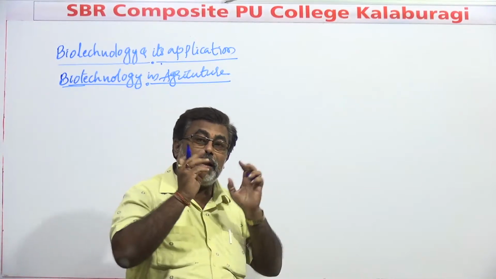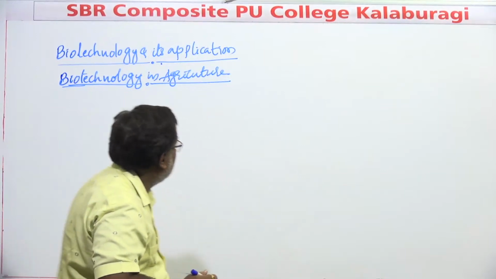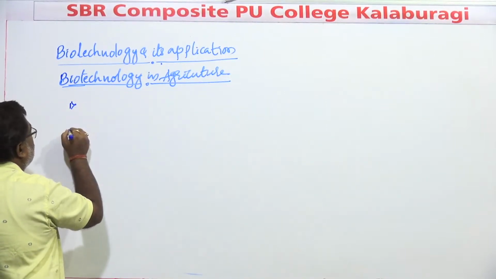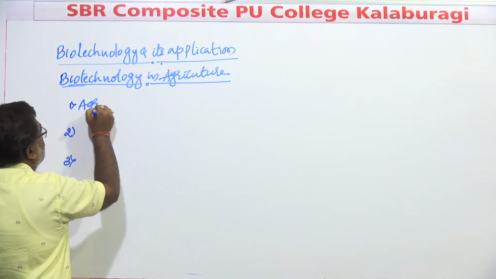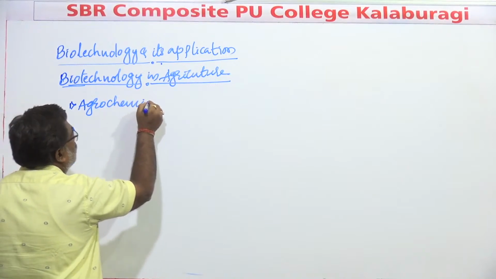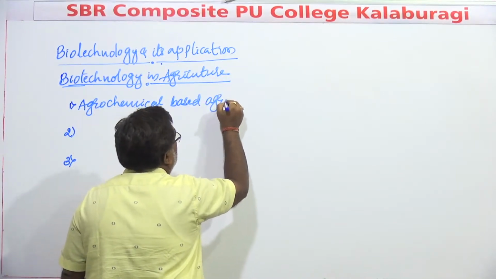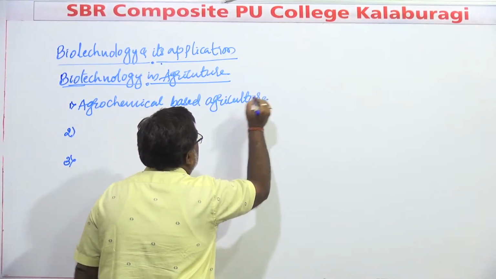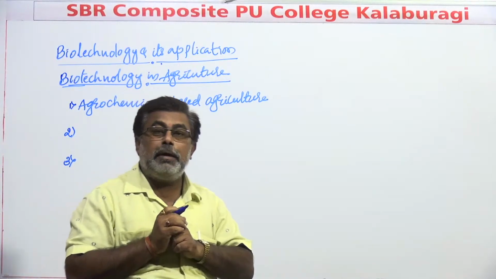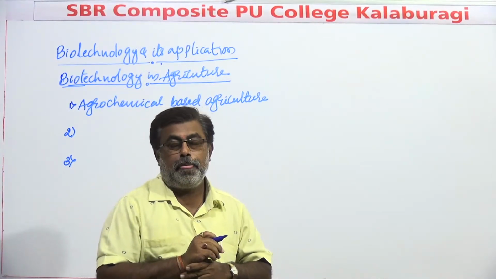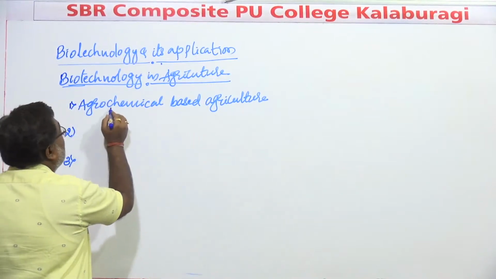There are three steps in agriculture. The first step is called agrochemical based agriculture.